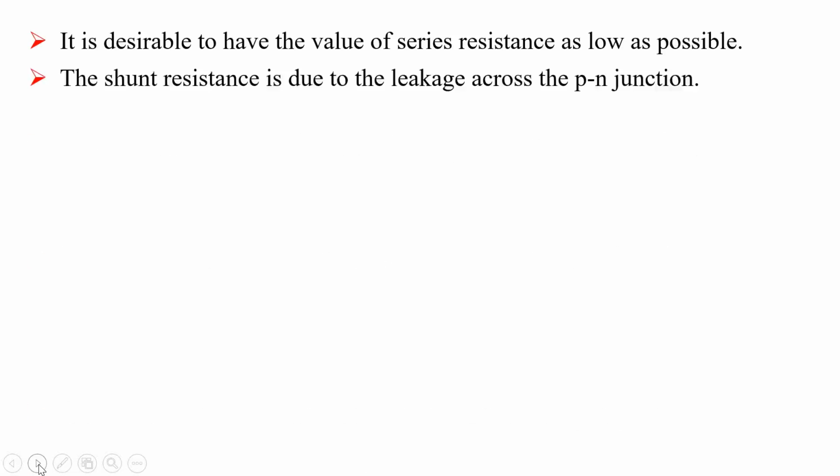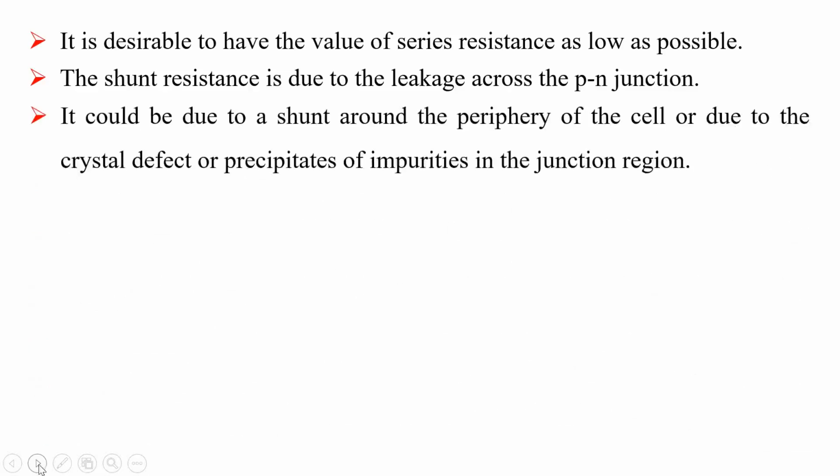The shunt resistance is due to the leakage across the PN junction, the leakage current across the PN junction. It could be due to a shunt around the periphery of the cell or due to crystal defects or precipitates of impurities in the junction region of the PN junction.